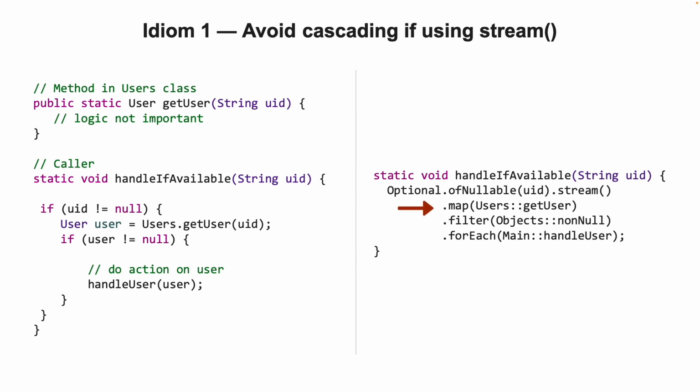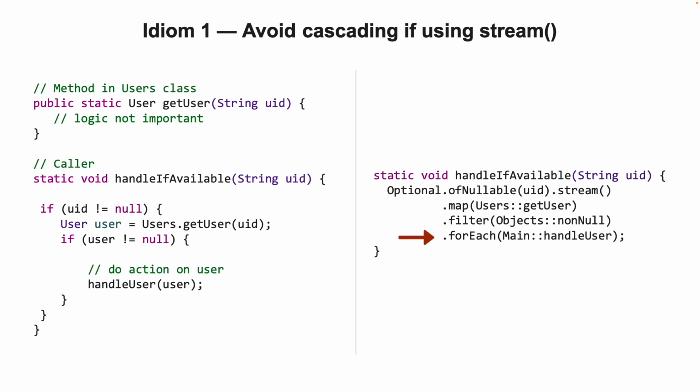The map method of the stream is then called to get the user object by calling the Users.getUser for that UID. And then the filter method of the stream is used to filter out null users. Remember, the getUser can actually return a null, so we need to filter them out.